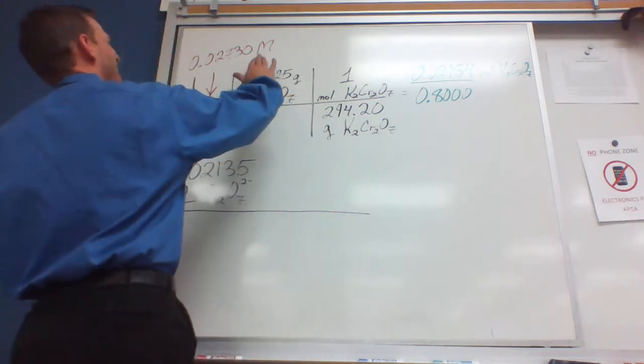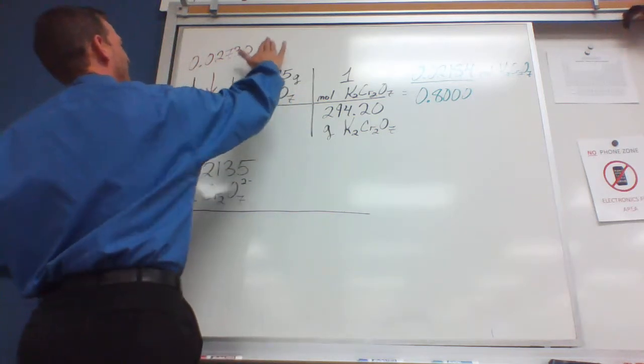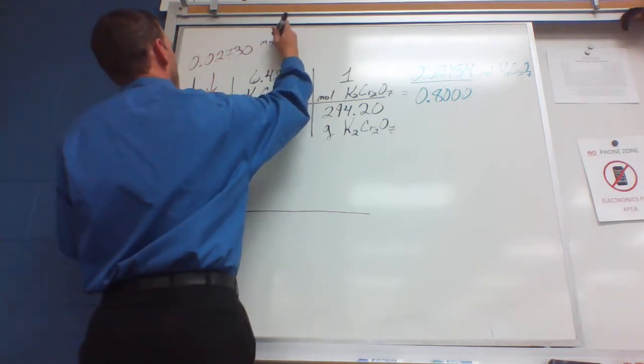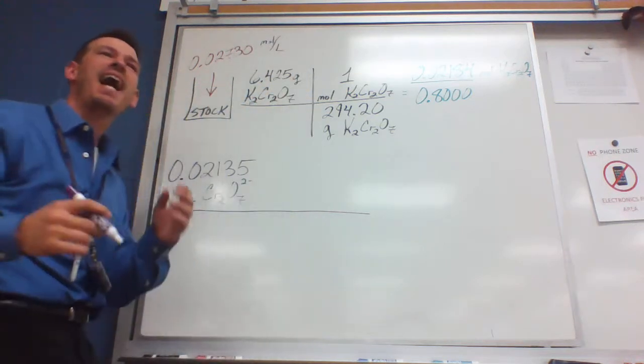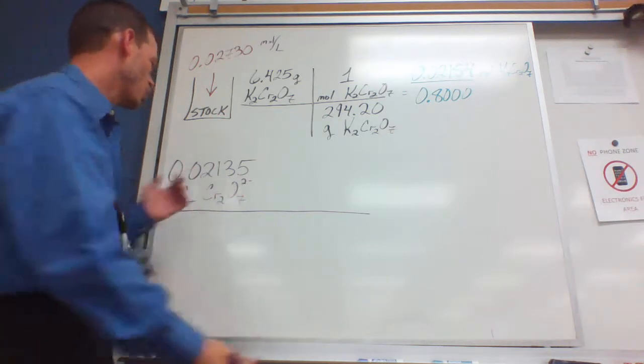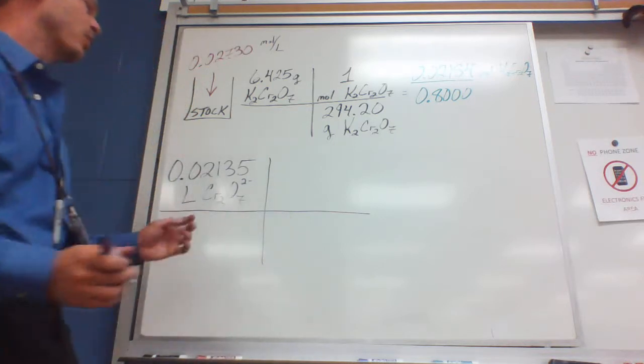22.7. Realize that molarity here is really moles per liter. So we already have this conversion directly set up for us because we're trying to go from liters to moles.